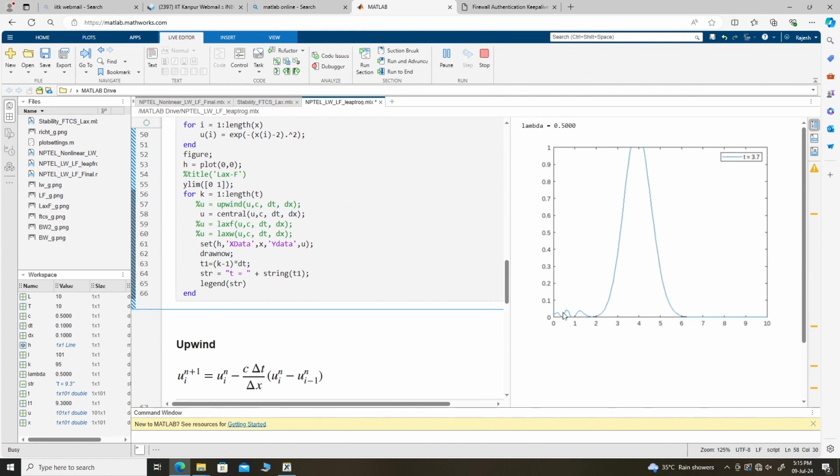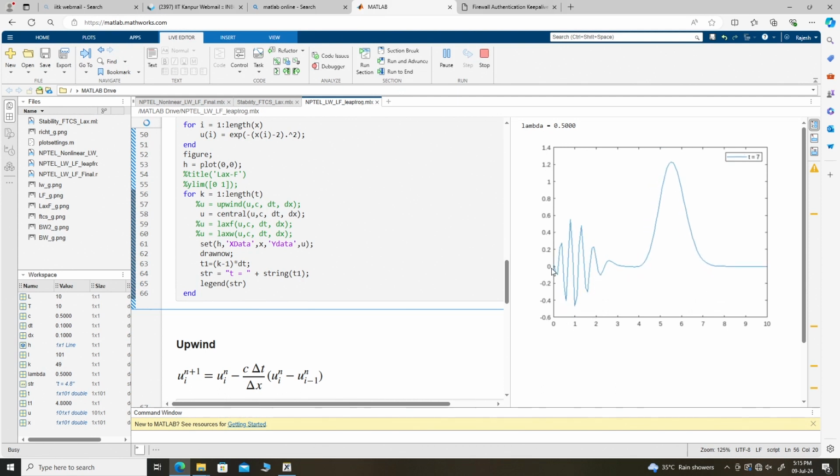You can see that it has started developing oscillations. Let me change this y limit. Now it has gone beyond 1, and these oscillations started developing, and you can see that now they are growing, near x of 0, 1, 2.